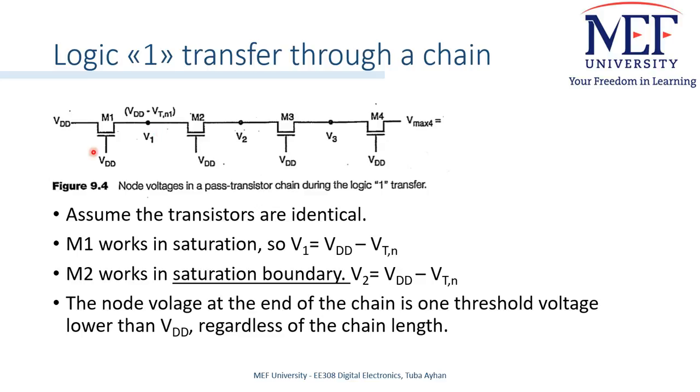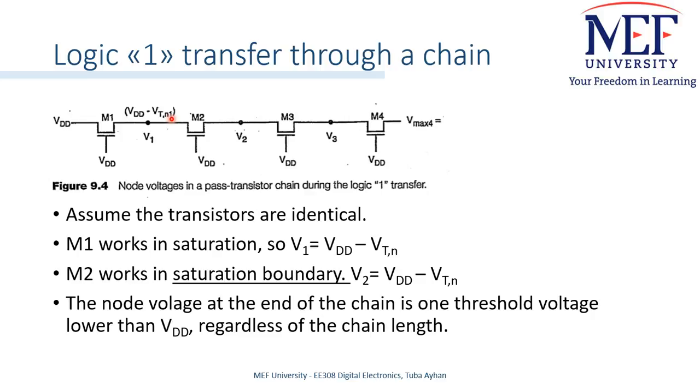The first pass transistor M1 operates in saturation because VDS of M1 is greater than VGS minus Vt0 of M1. Therefore, the voltage at node 1 cannot exceed the limit value Vmax, VDD minus Vt0 of M1.